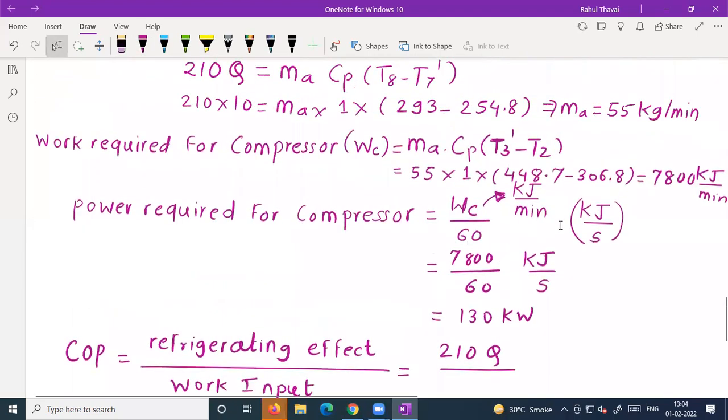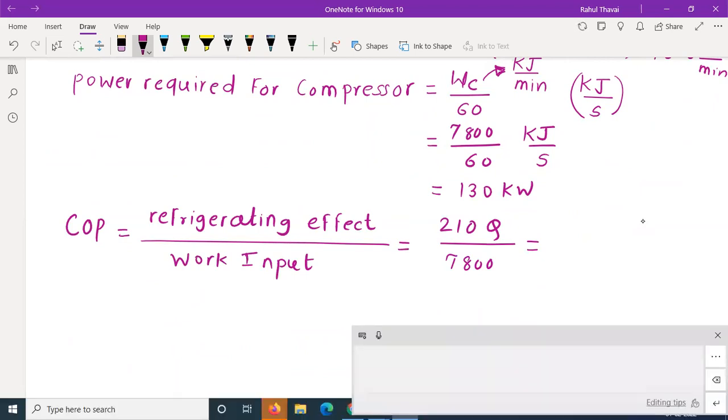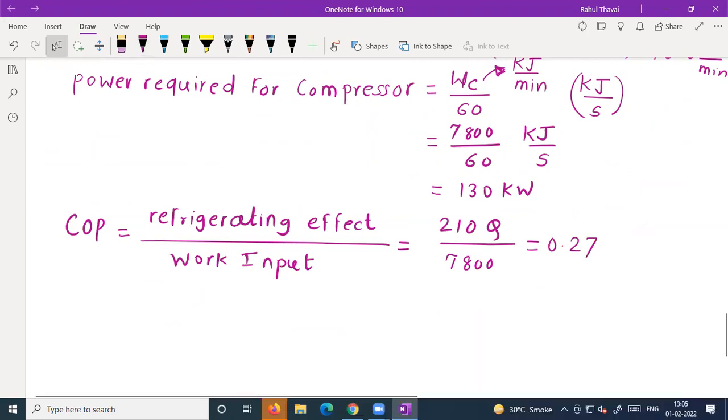The work input we already calculated just now, 7800. So COP is the refrigerating effect, that is 210 times Q, divided by 7800, and we get an answer equal to 0.27. So the COP of this is 0.27.